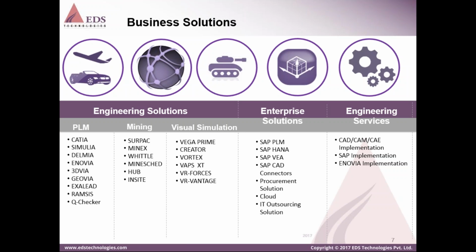Along with that, the analysis capabilities are also provided with the SIMULIA brand, where Abaqus, iSight, Tosca, the different solutions industry uses strongly for higher-end analysis capabilities. Besides that, we have Delmia, Enovia, 3D GeoWare, then Exalead, Ramsys, QChecker. These all are there in our PLM portfolio.